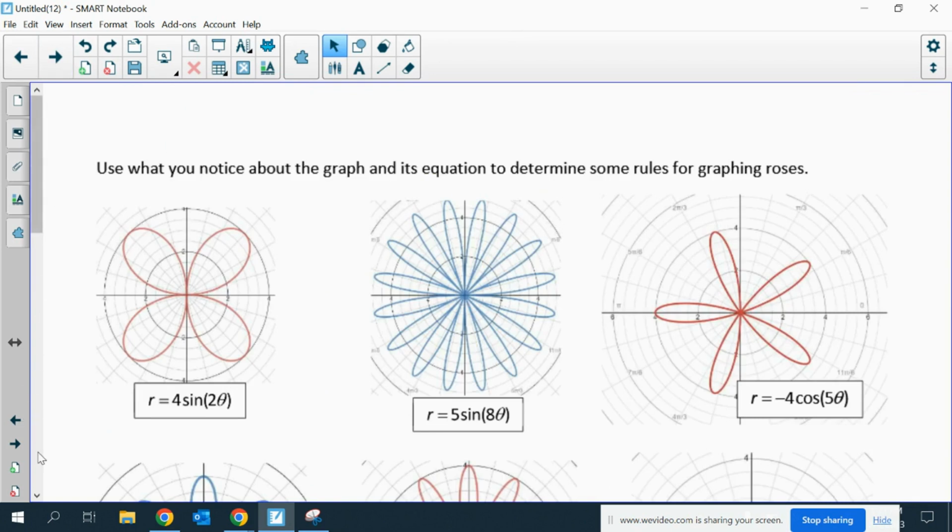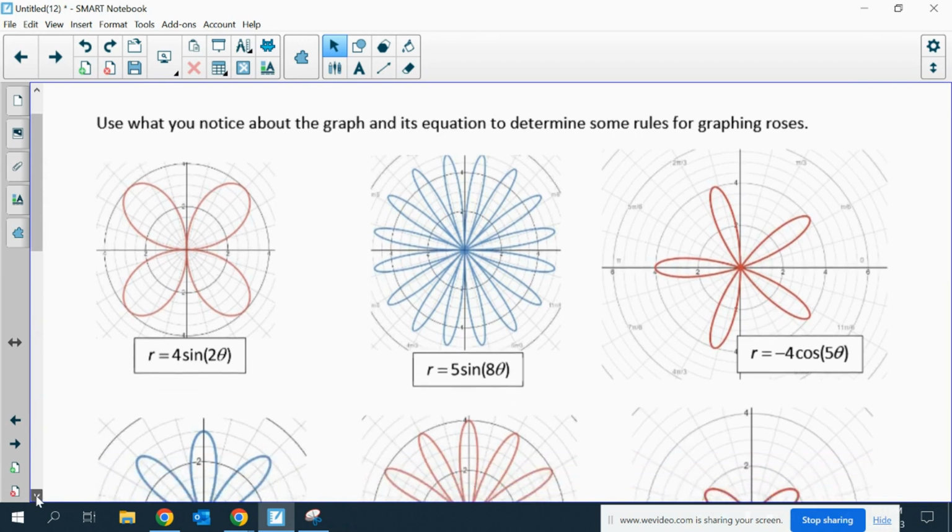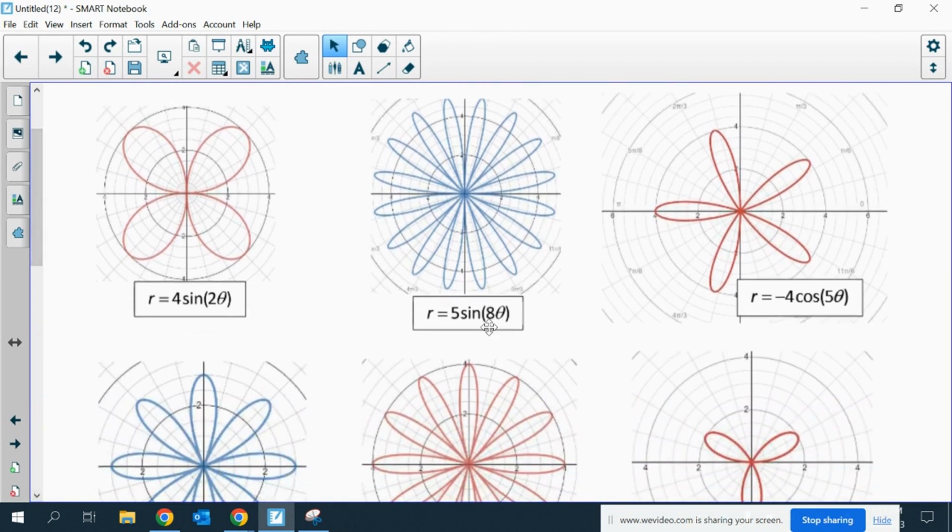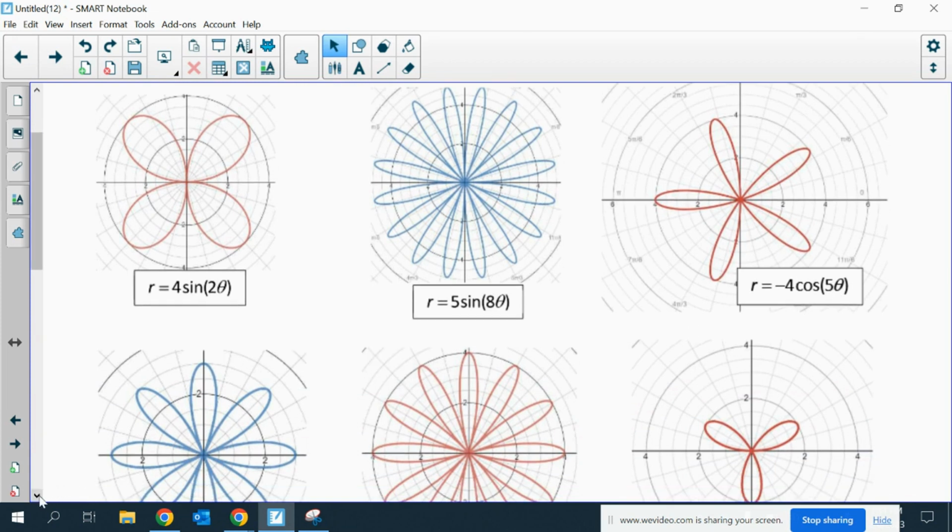So what does that mean for roses in general? It means that when I have an even number on the inside versus an odd number on the inside, there are some differences. So it looks like there's twice as many petals as the number on the inside when it's even, but the number on the inside is equal to the number of petals when it's odd.